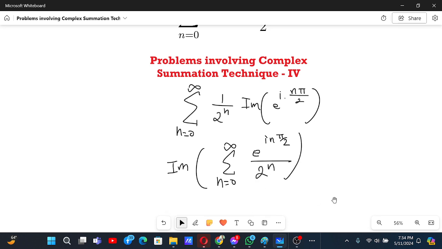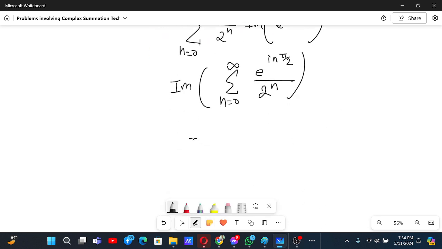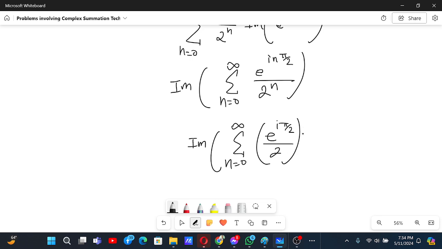Now again this is just the imaginary part of the sum from n equals 0 to infinity of e to the power i pi by 2 by 2 to the power n.